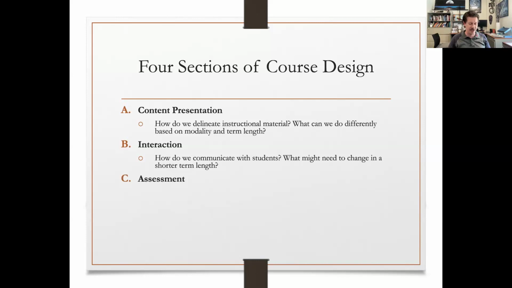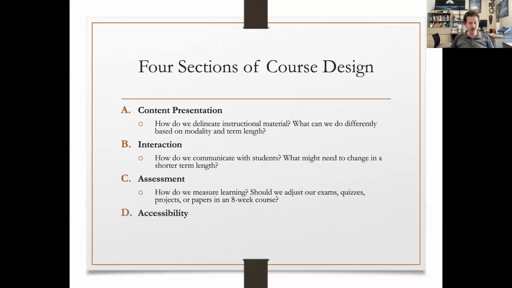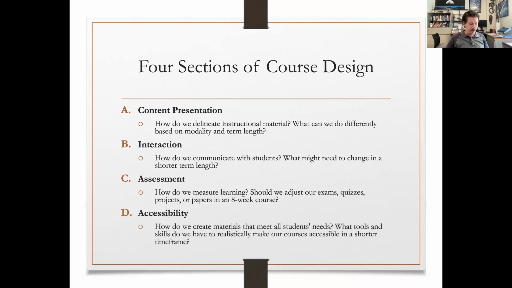It was a good session where we talked all about the measurement of learning and what we might need to adjust in an 8-week course versus a 16-week course. And then finally today is all about accessibility when we create materials that meet all of our students' needs. Luckily, we have a lot of tools at our disposal. We just need to have the knowledge to use them.